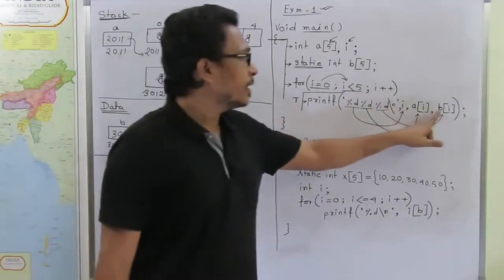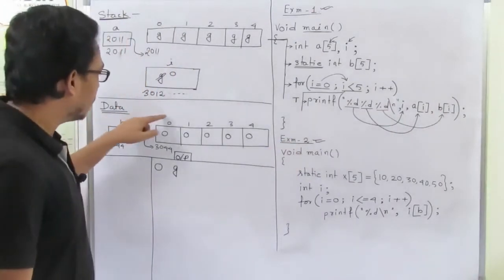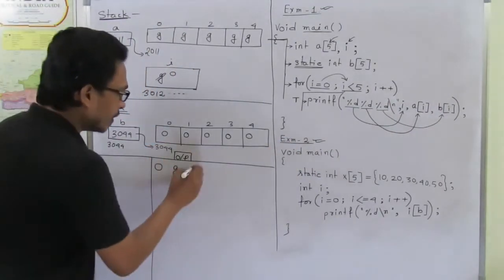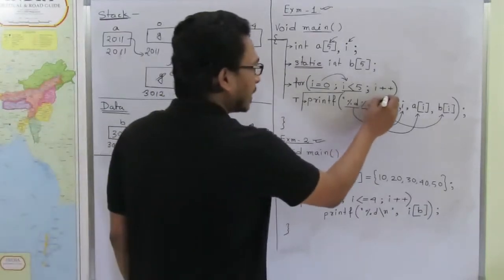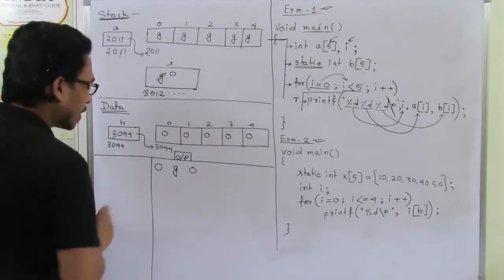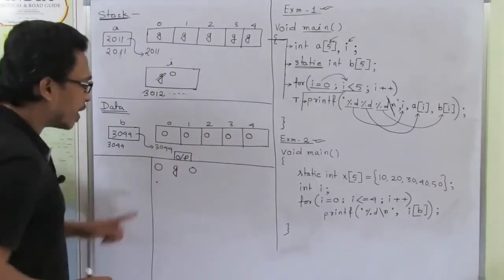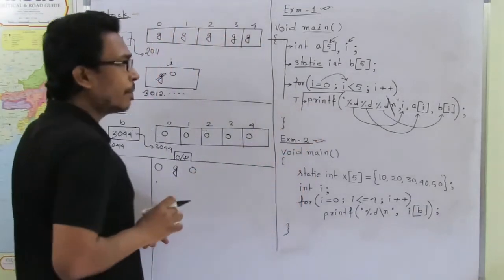So here it becomes B0. Now what is there in B0? In B0 we have 0. So it will give us again 0 as result. Now \n is our next instruction, so control comes to the next line in the output screen. After that, this printf instruction is completed.